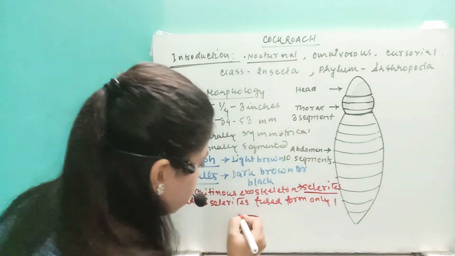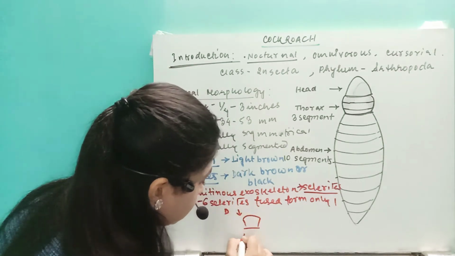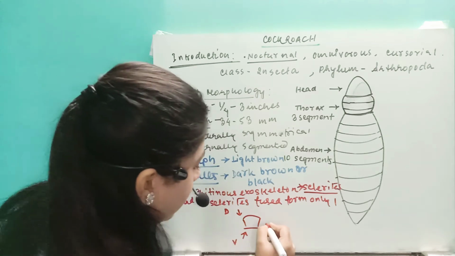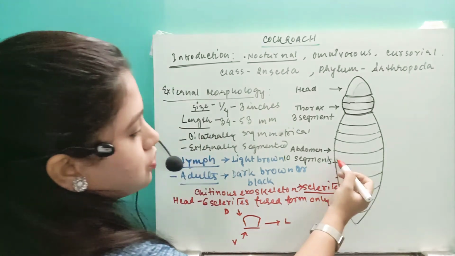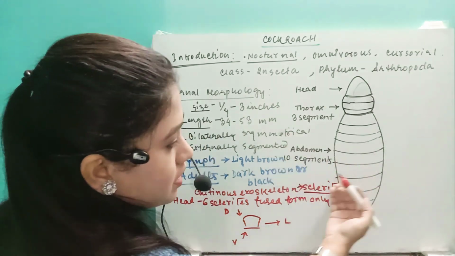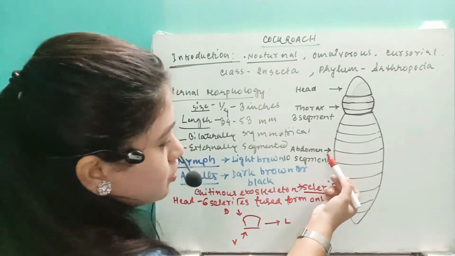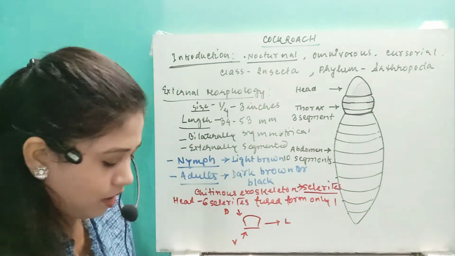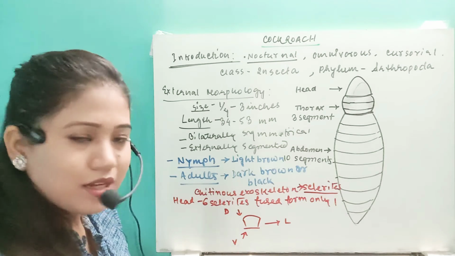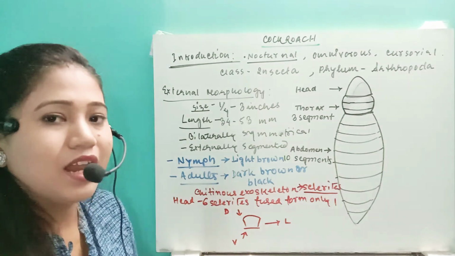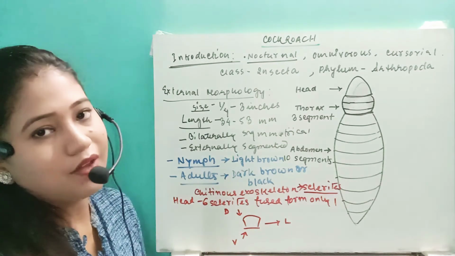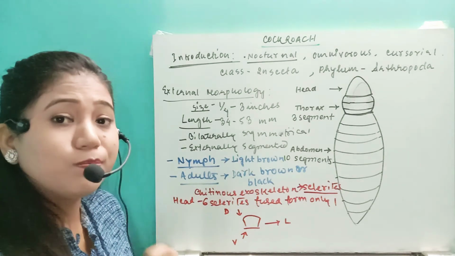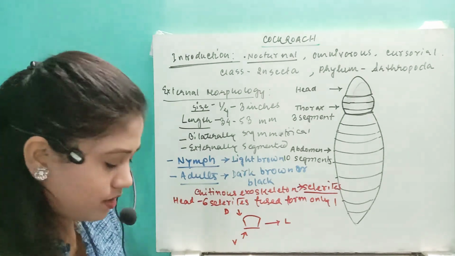This is the dorsal side, beneath it is the ventral side, and these are the lateral sides. On this organism's dorsal, ventral and lateral sides, they have chitinous sclerites, small plates. How many plates are present?